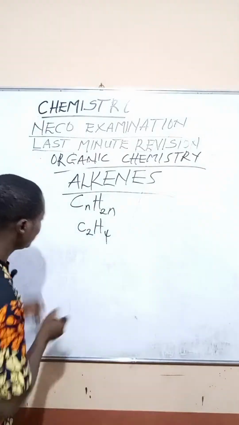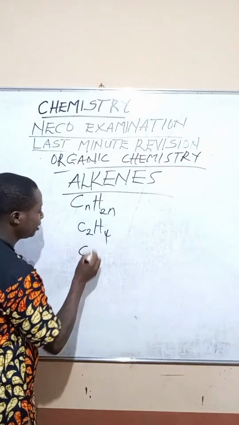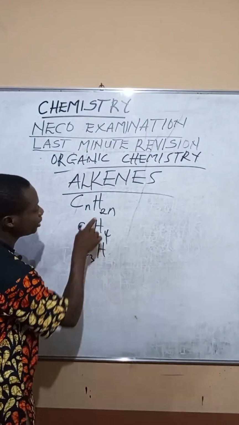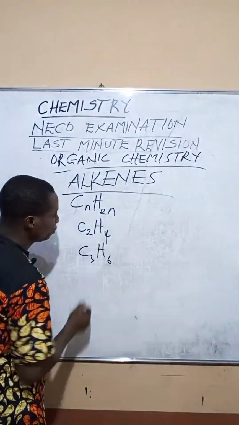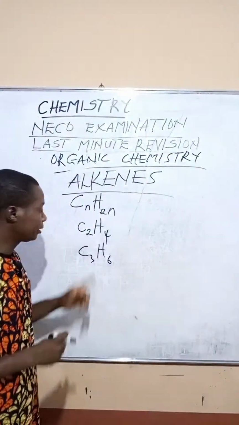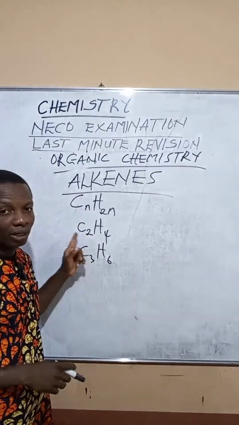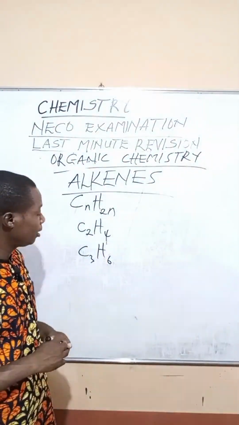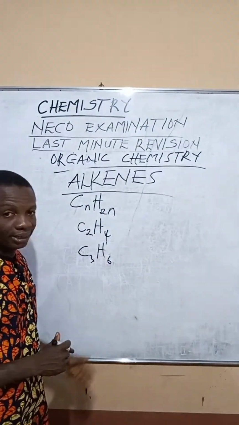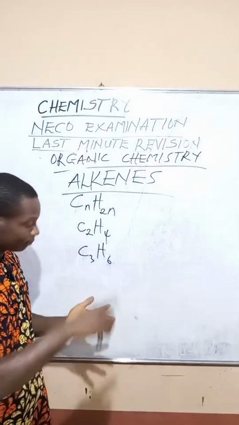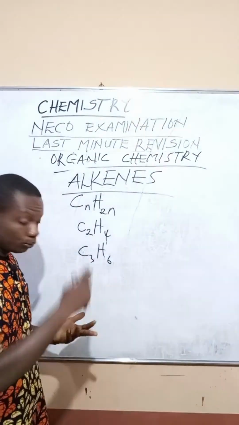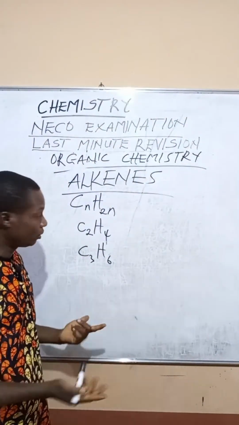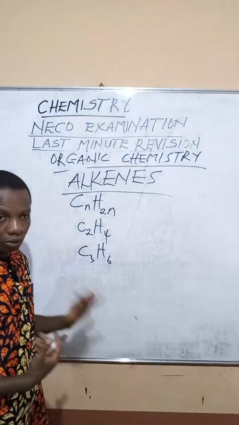Then the next one is C3H6: 3 times 2 is 6. So just times 2 the quantity of carbon atoms, that will give the hydrogen atoms. We have ethene, propene, butene, and so on, till we get to octene.